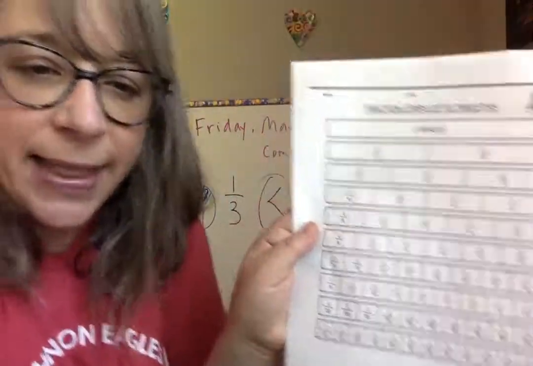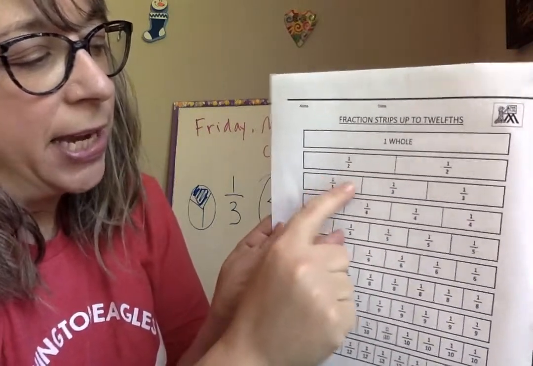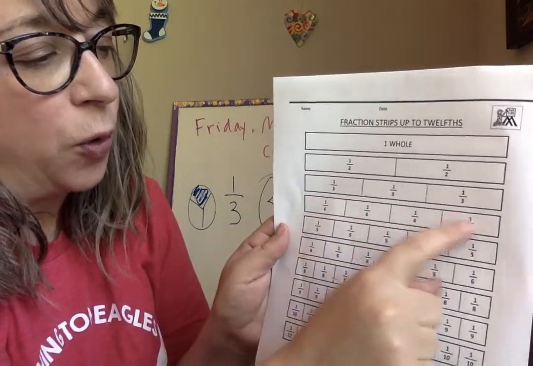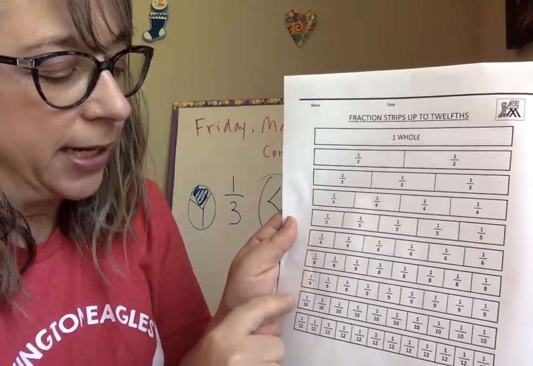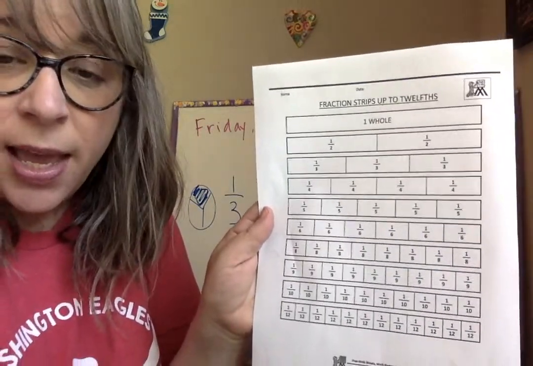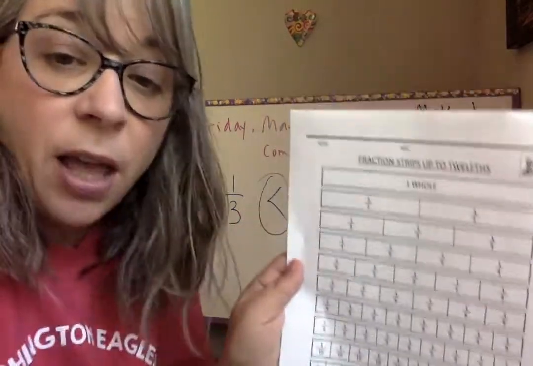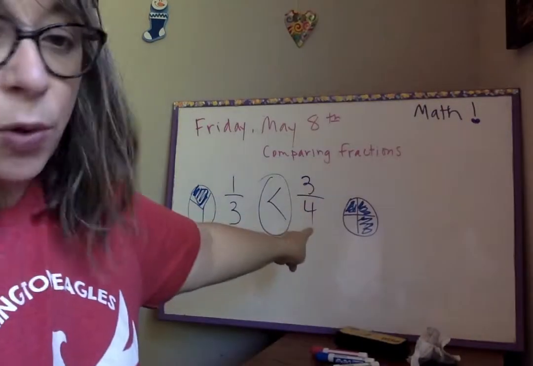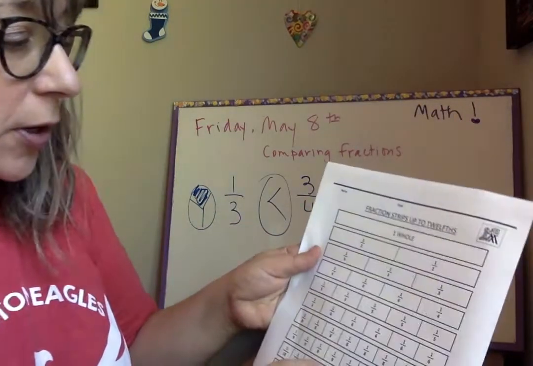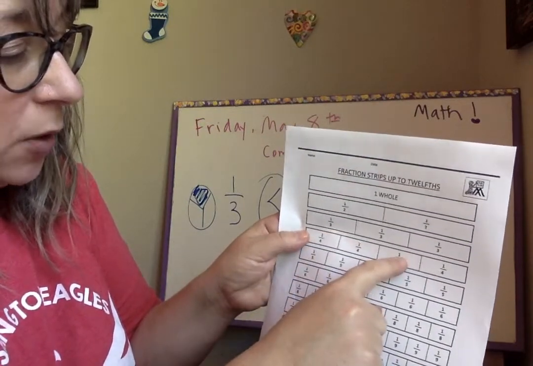So if we had this number grid, here's our whole, here's a half, here's our thirds, here's our fourths, our fifths, our sixths, our eighths, ninths, and tenths, and twelfths. If we were in class, we'd totally have one of these in front of us, and we'd be comparing fractions in this manner. So looking at 3/4 compared to 1/3, here's 3/4 and 1/3.